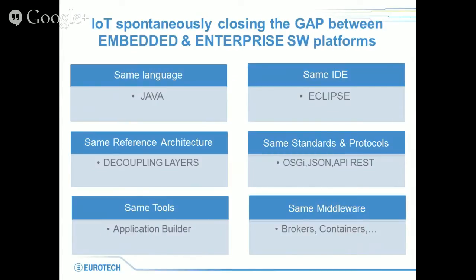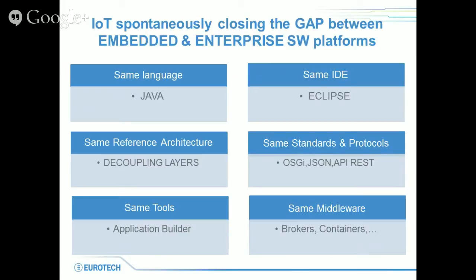So I would say that IoT spontaneously closes the gap, or pushes the closure of the gap, between embedded and enterprise software platforms. And we today still see that we are using the same language to write an enterprise application as well as to write an embedded application, that is Java.